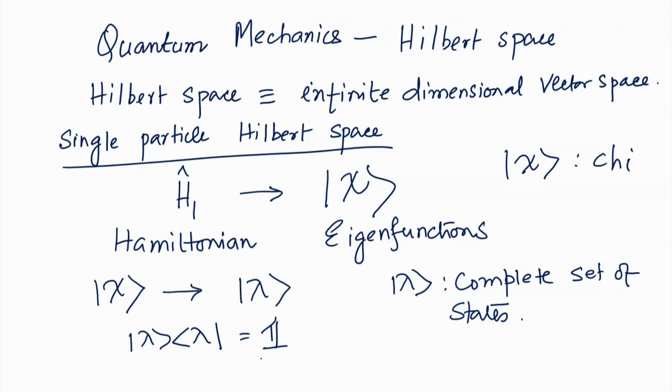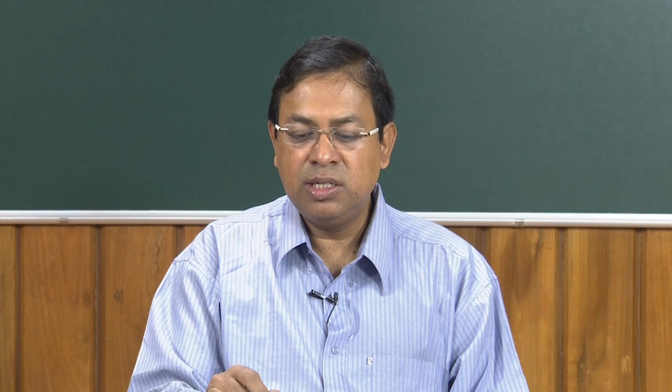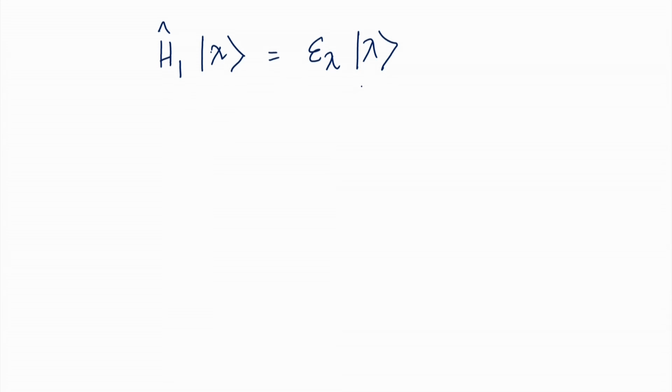So, these lambda form the complete set of states for the eigenfunctions of H1, which means that H1 acting on the ket lambda gives an eigenvalue equation: it returns an energy eigenvalue epsilon lambda and returns the state lambda.